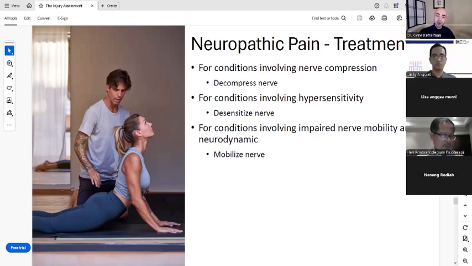And then finally, for conditions involving impaired nerve mobility and neurodynamics, we will work on nerve mobilizations, so neurodynamic mobilizations. So all in all, that is the approach to treating neuropathic pain. And within our manual therapy certification, we cover the specifics of how to do these things.